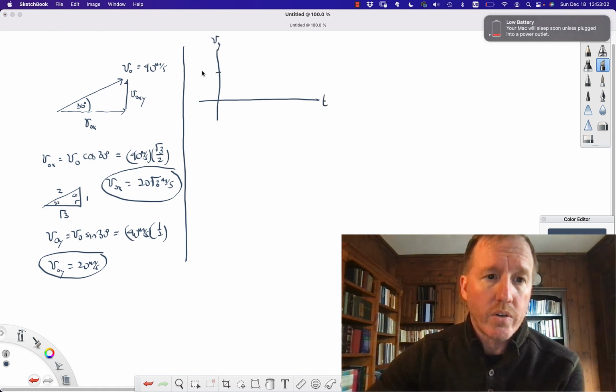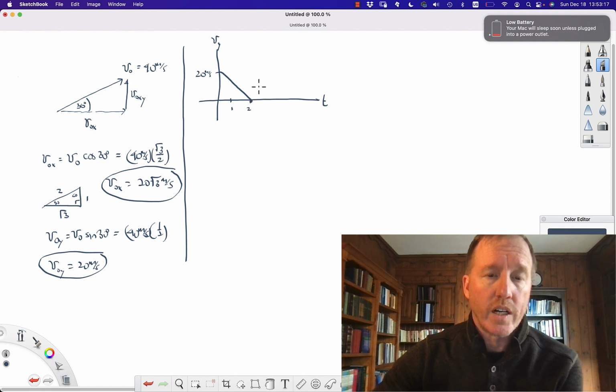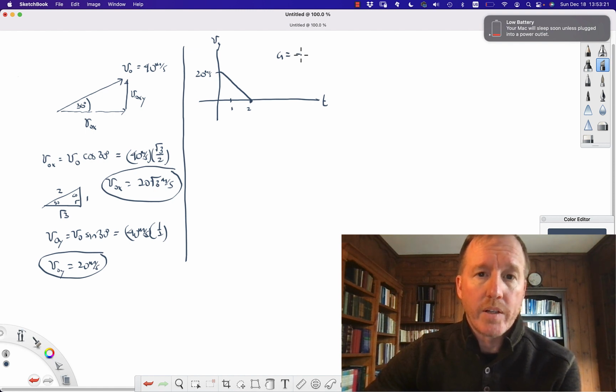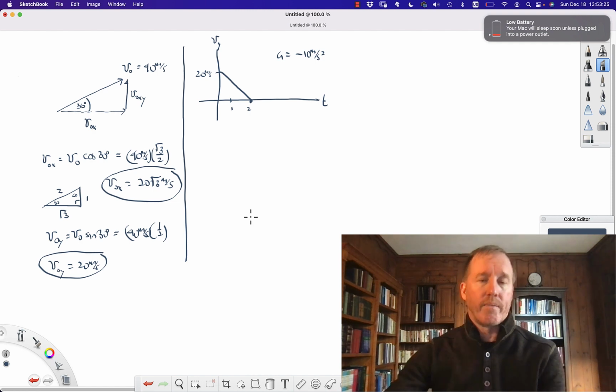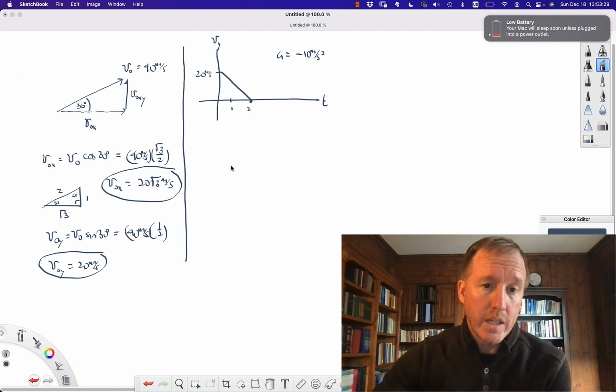Well, it starts out with a y component of the velocity of 20 meters per second, and it's going to lose 10 meters per second every second that it's in the air. So it's going to take 2 seconds for it to lose all of its vertical velocity. That's assuming that the acceleration is downward at 10 meters per second squared. Okay, so that's the downward acceleration. So it takes 2 seconds to get to its peak.